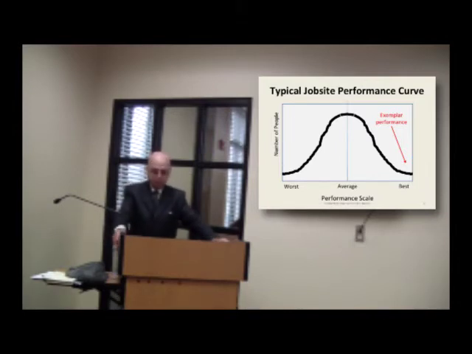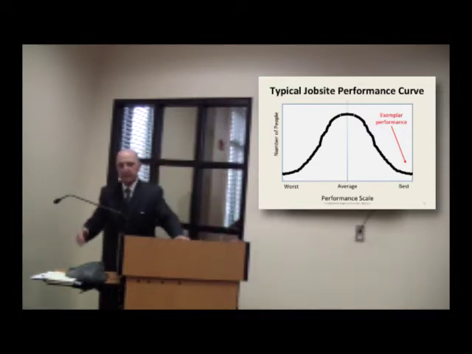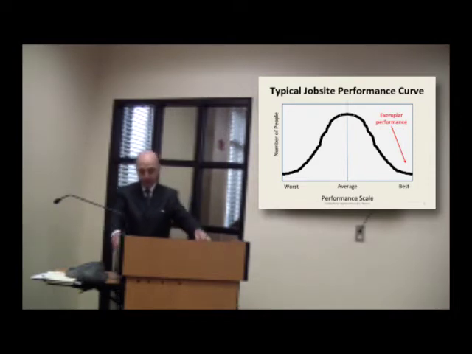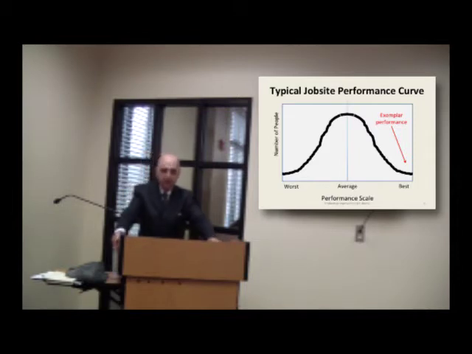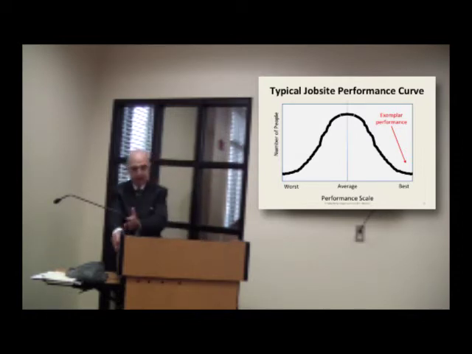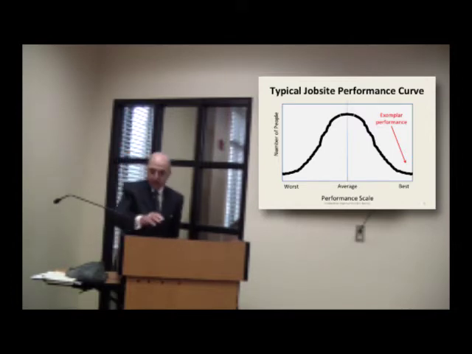You have the average productivity, and you have some people less than the average and some people above the average. That's a normal curve. Usually the best performers are called the exemplary. Those are the crews or the people who are performing above the average. We call this exemplary performance.